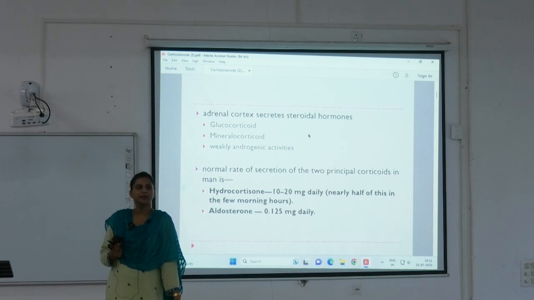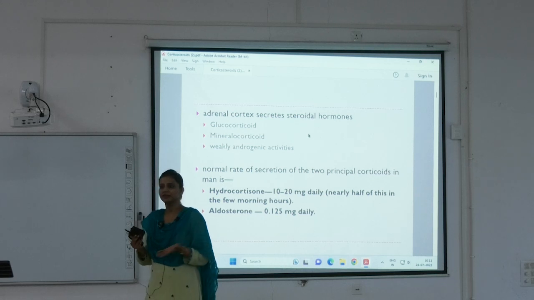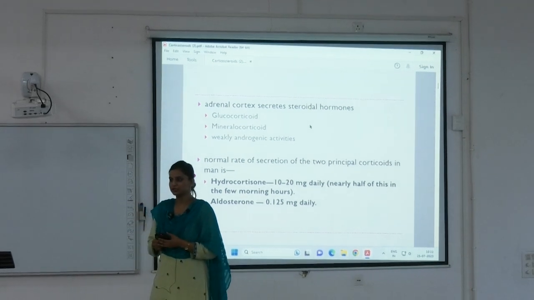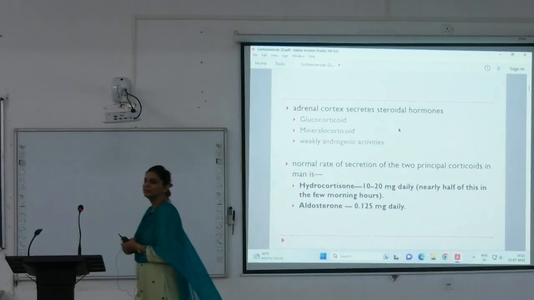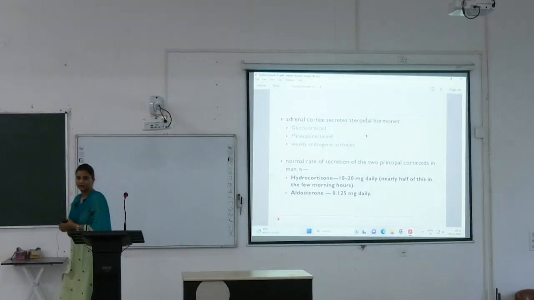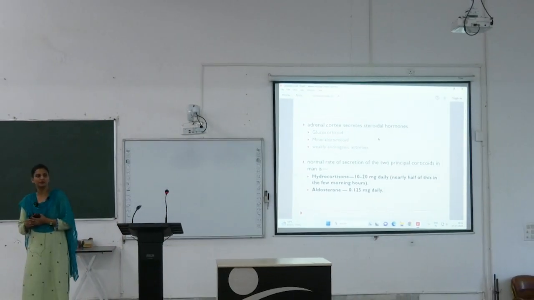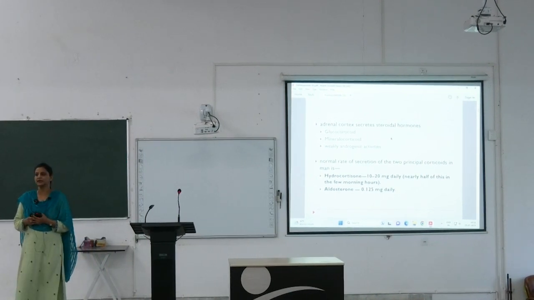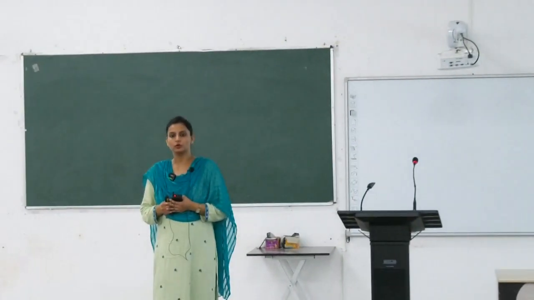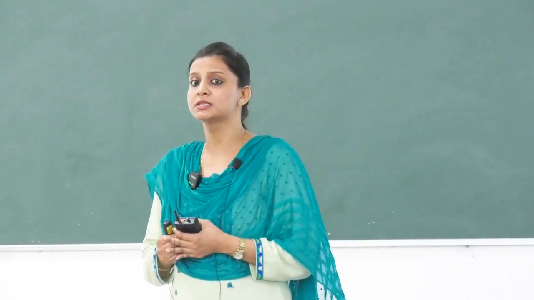So the adrenal gland has two parts, the medulla and the cortex. Medulla mainly secretes epinephrine or adrenaline and also norepinephrine. Cortex is divided into three layers, from outside to inside: glomerulosa, fasciculata, innermost reticularis.